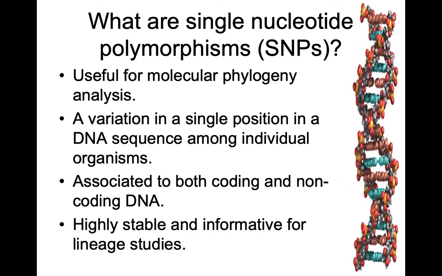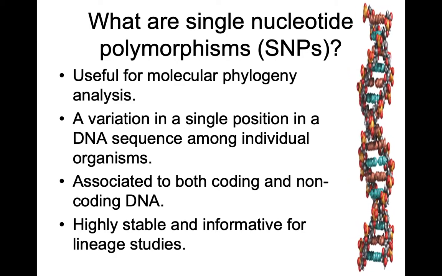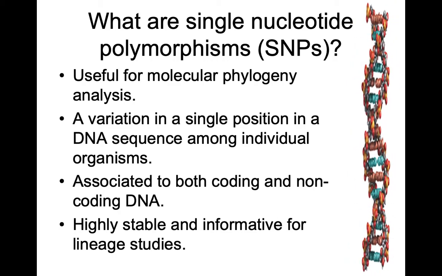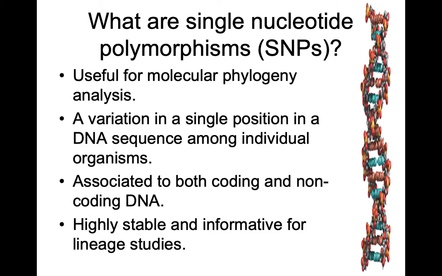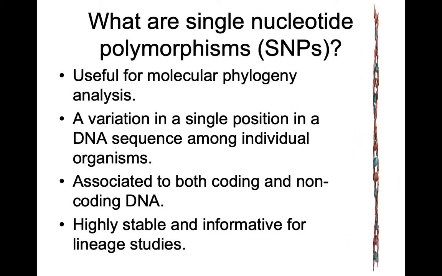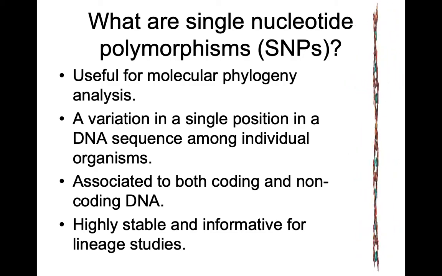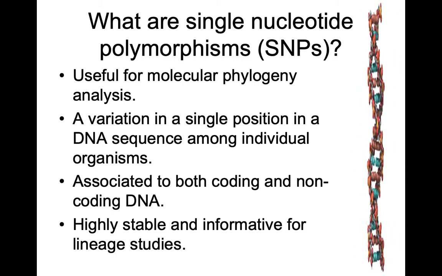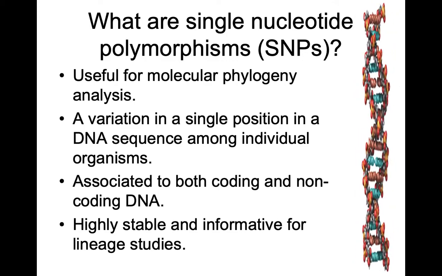In terms of their function for analysis, they're highly stable sources of information, especially for doing lineage tracing for a particular organism. SNPs are very useful as a bioinformatic marker. Also, they can be used for molecular phylogeny analysis. You can extract the SNPs of a DNA sequence or of a gene for a particular organism, and then use that information to create a genetic tree, a gene tree.